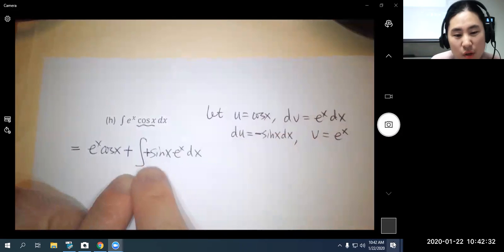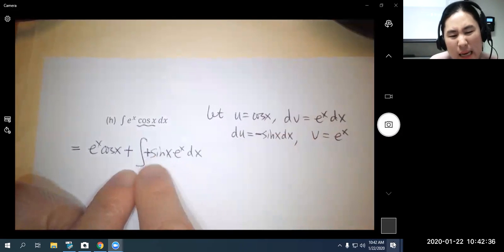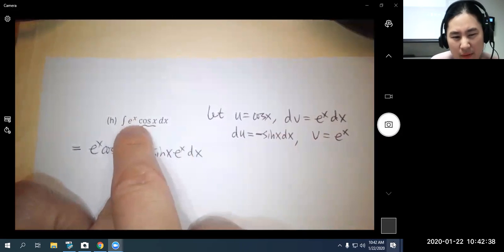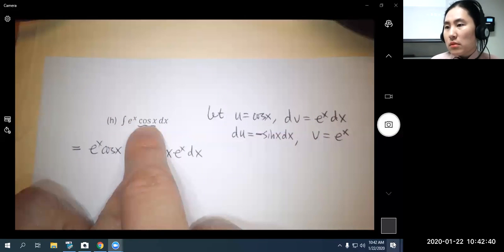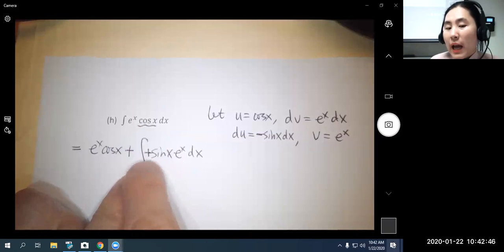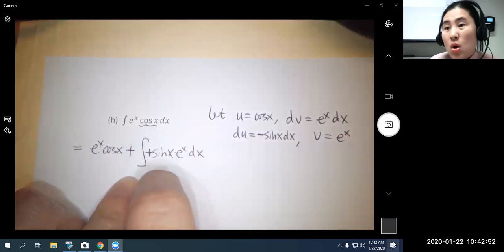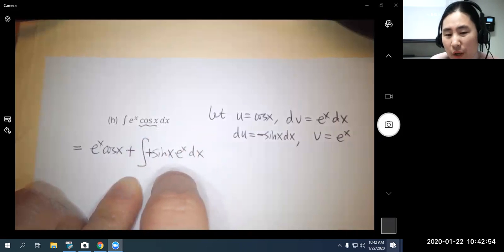Now we have this new integral, sin of x times e to the x, or e to the x times sin of x dx. Is this integral simpler than the original integral? Do you think it's simpler? No. And are we able to find the direct antiderivative from this integrand? No. So what should we do? We're going to use integration by parts again.